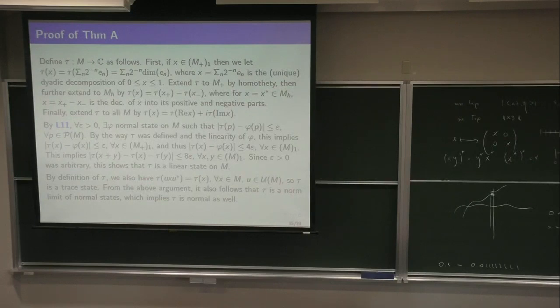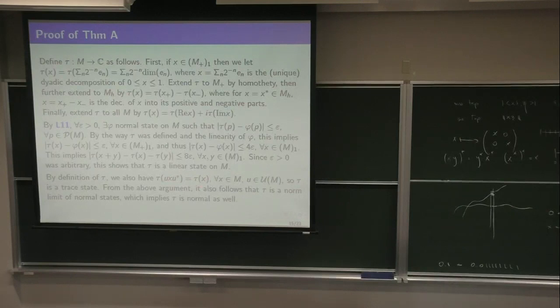You prove the linearity. By definition, we have that the trace of u x u star is equal to the trace of x, for x in M and unitaries in M, so tau is a trace state. Why do you have that? Well, you have it for projections, and so for M plus, and so on.